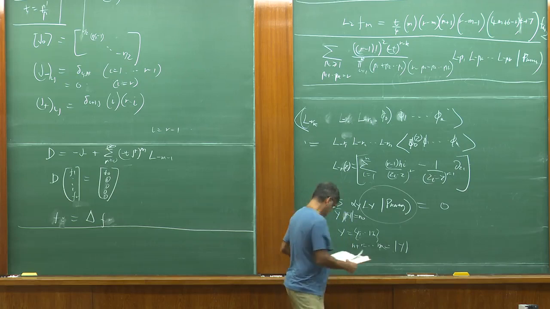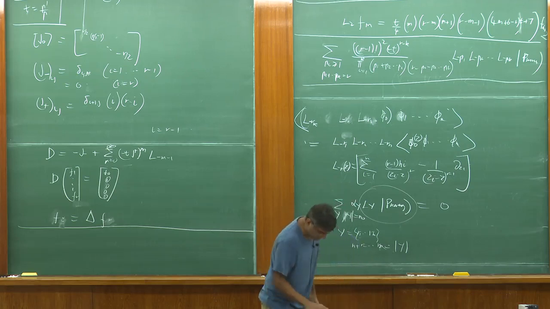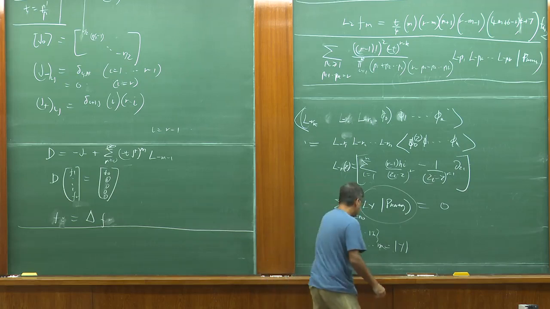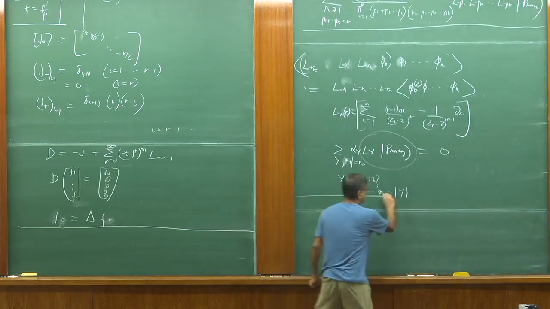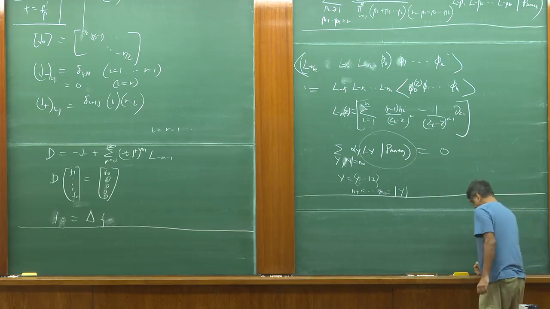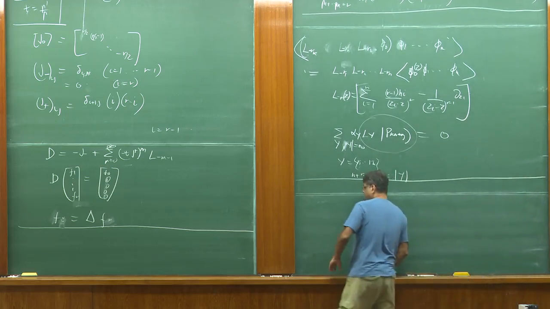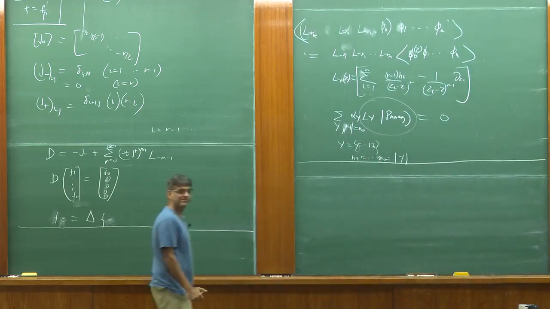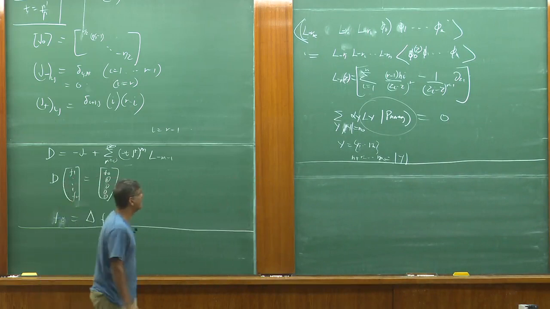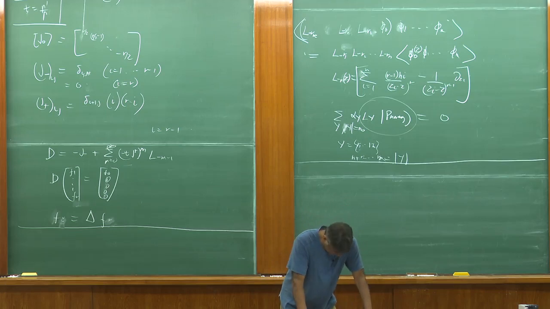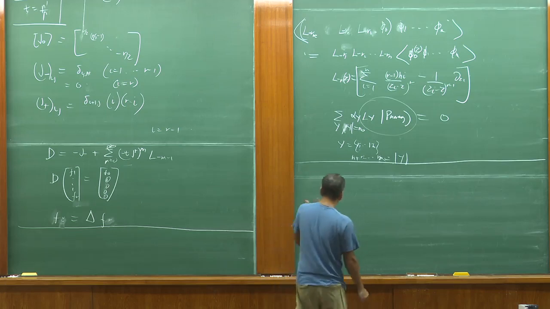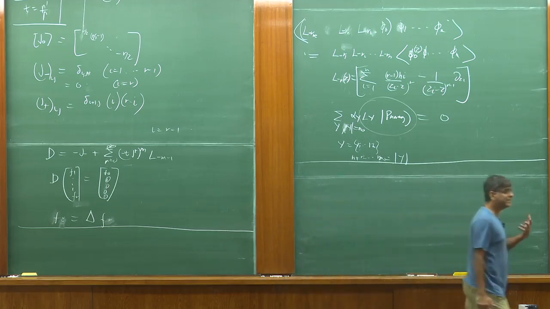Now what we're going to do is to look at two or three things we can do with these differential equations. The first thing we can do is the following. Suppose we've got a minimal model.